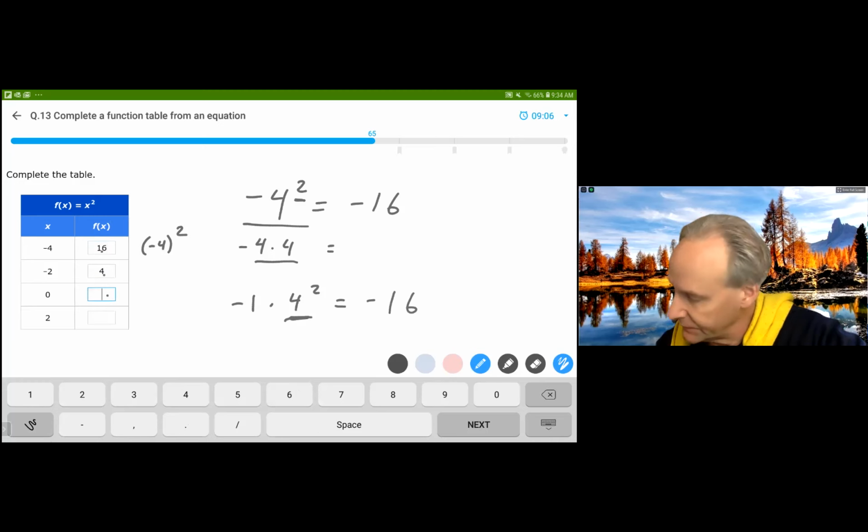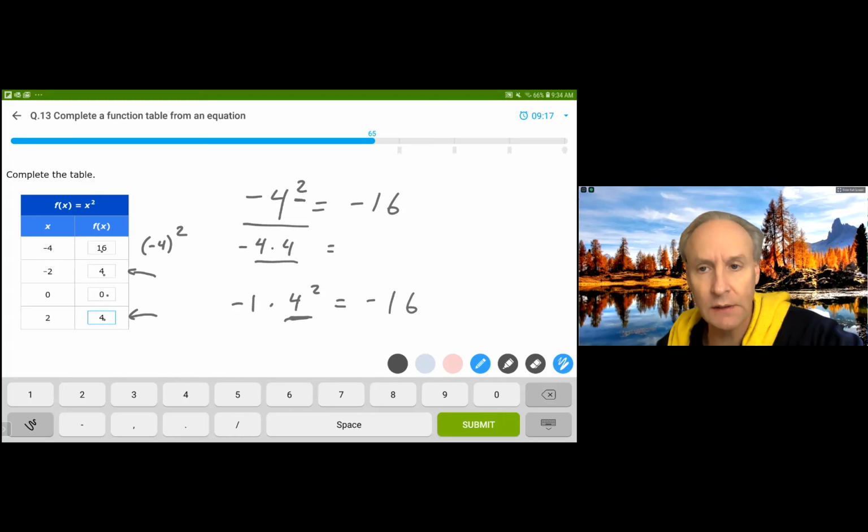0 times 0 is 0, and 2 times 2 is 4. It's okay that you get 4 two different times. In fact, all of your negatives and all of your positives are going to give you the exact same answer, which is why this thing is symmetric on the positive side and the negative side.